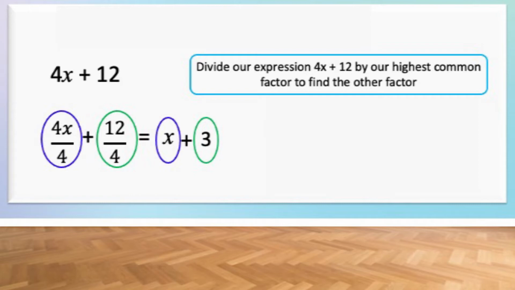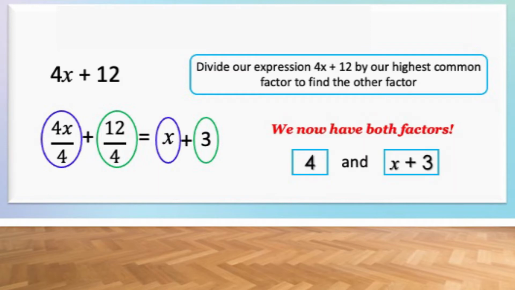4x divided by 4 is equal to x, and added to that is 12 divided by 4, which is equal to 3. Our answer, x plus 3, is our next factor. Good job. We now have both factors, 4 and x plus 3.